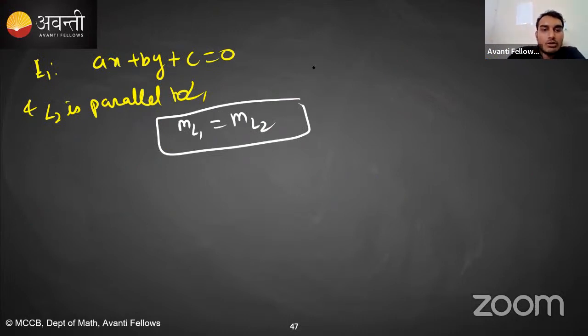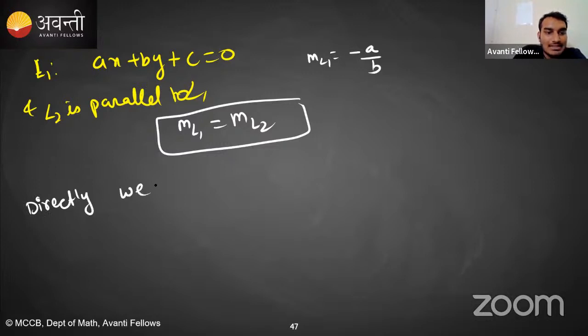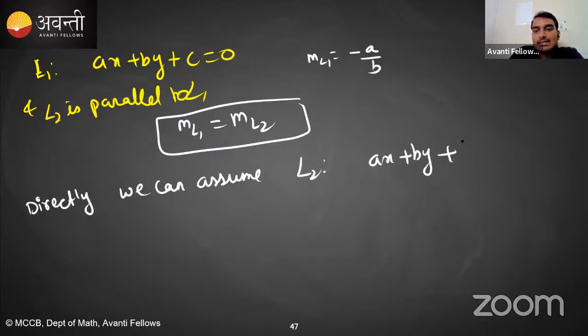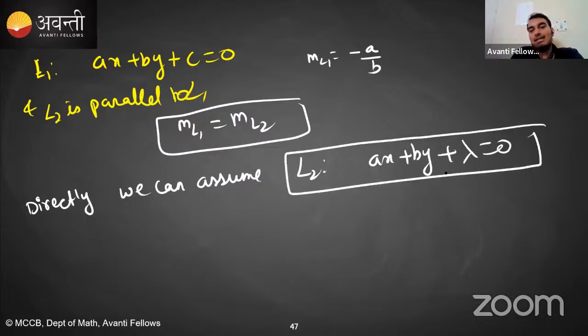So what is the slope of this line? Slope of L1 is minus a upon b, right? So directly we can assume L2 as ax plus by plus lambda is equal to 0. Just the constant will change; the coefficients of x and y will remain the same, right?